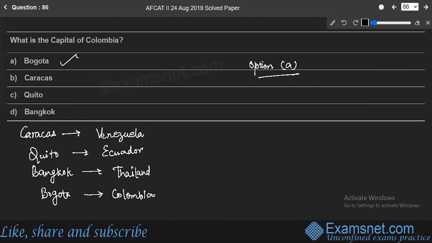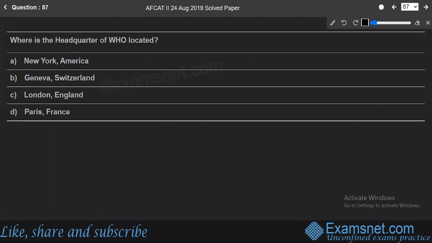Next, question number 87. Where is the headquarter of WHO located? Is it New York, America, Geneva, Switzerland, London, England, or Paris, France? First of all, what is WHO? WHO is World Health Organization, which is a body of UN, that is United Nations, that is tasked with the matters of international public health.